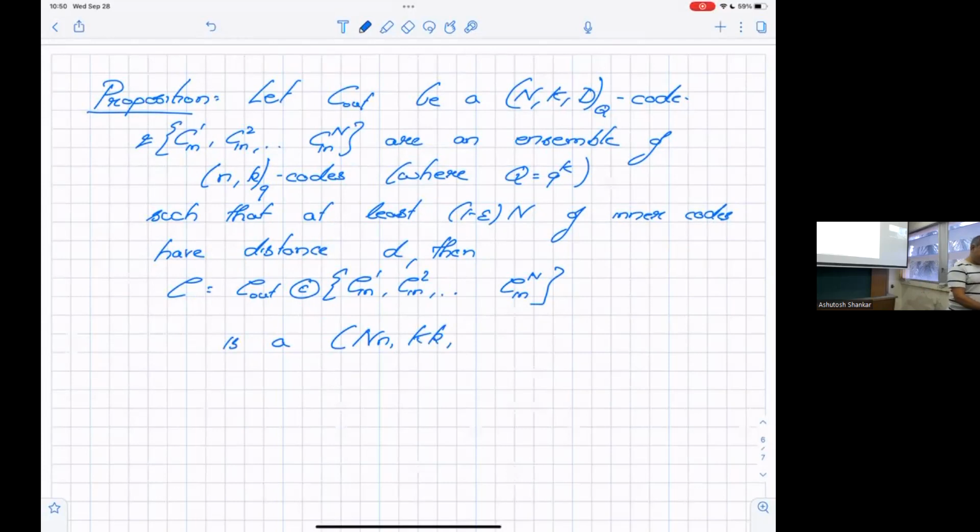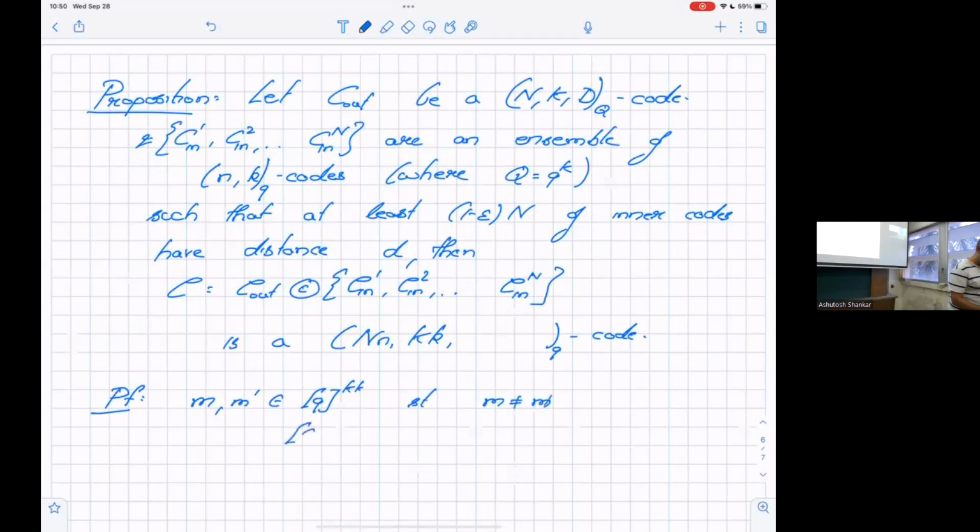What I'll have to put is the distance. So we'll see the proof and then put that on. The analysis is not so hard. Let's take two messages M and M prime, which belong to Q to the K capital K, such that M is not equal to M prime.